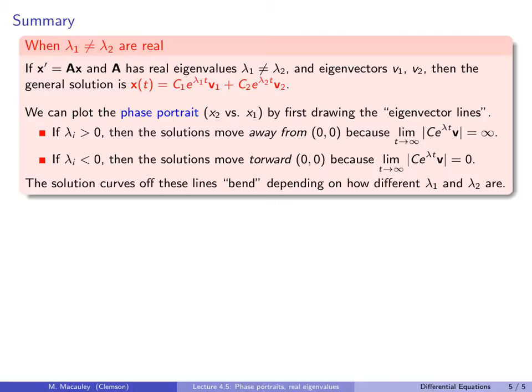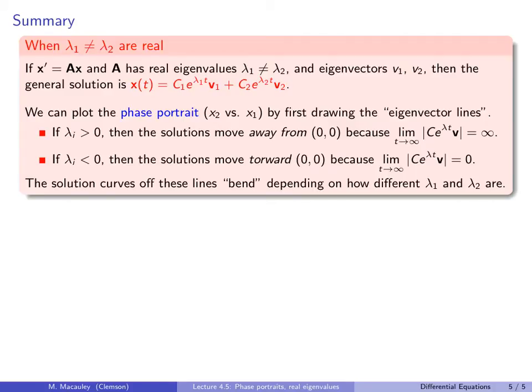First of all, I'm going to start using the variables x instead of the variables y. Recall that we used y because we started with an inhomogeneous system and we changed variables to make it homogeneous. But from now on, let's just go back to using x because it's more natural.